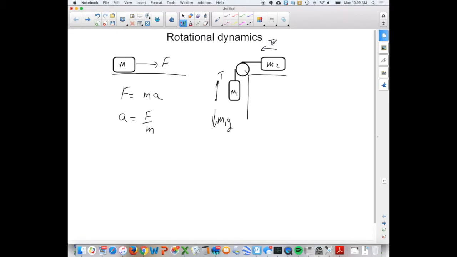Assuming, as we did at the beginning of the year, that this is a massless pulley, we can write two equations. We can write M1A is M1G minus T, and I can write M2A is equal to T.